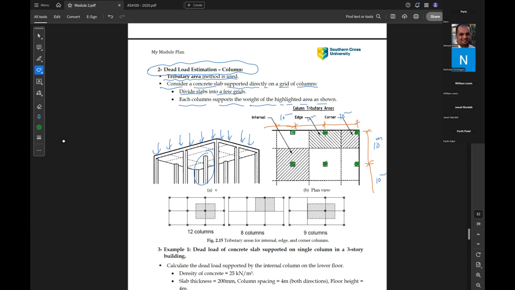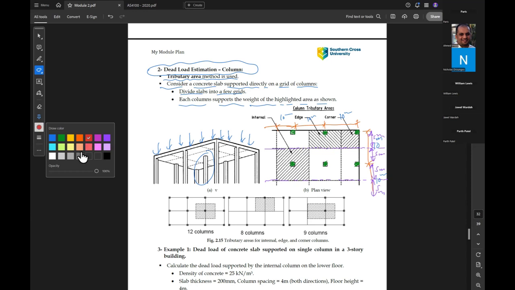In this direction, the distance is 10 meters. Each column will take half of the span, so half of this 10 meters will be 5 meters and 5 meters. Also from the other side, this column will take 5 meters and this column will take 5 meters. So that is one direction.